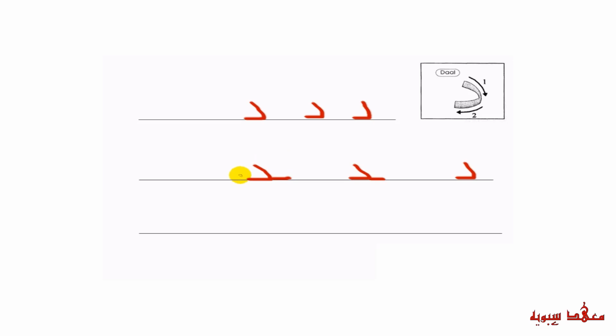If we wrote 3 dals one after the other in the same word, it would be as follows. Now with the dhal, it's exactly the same as the dal with a dot on top. So each of them will have a dot. And we obviously write the dot after we write this part here. So dots will always be put after.